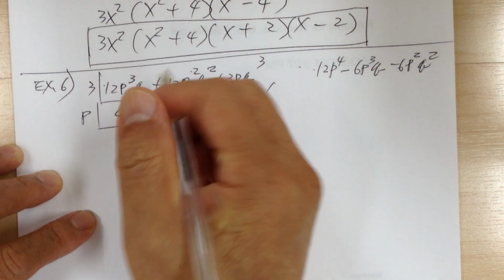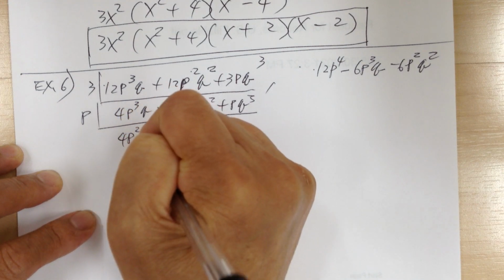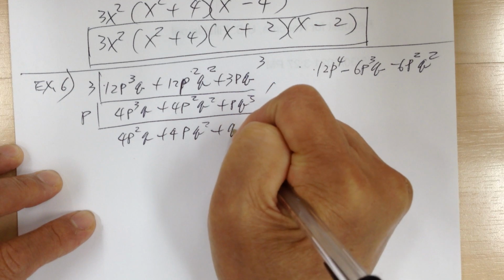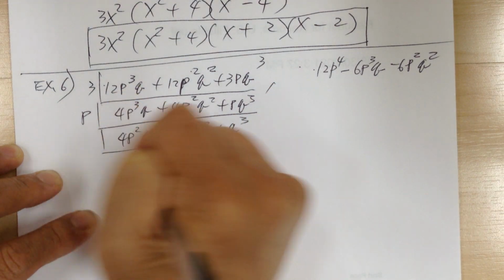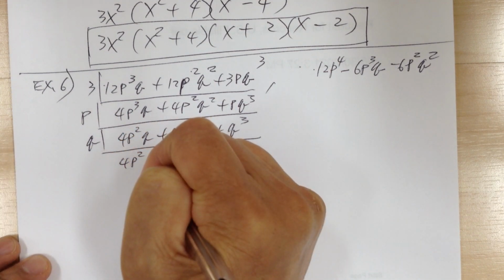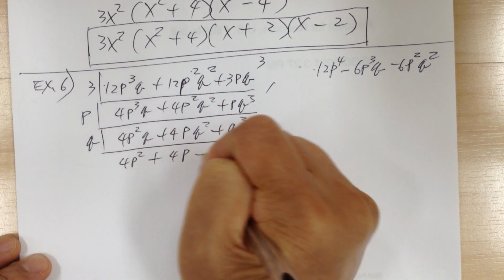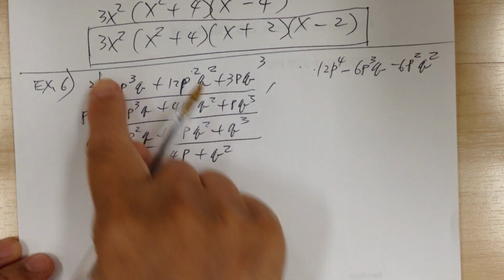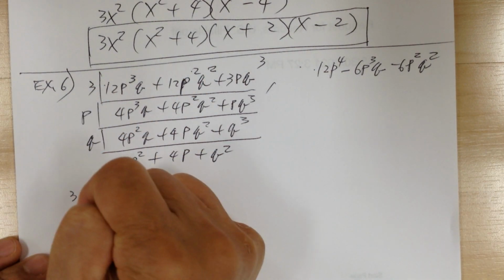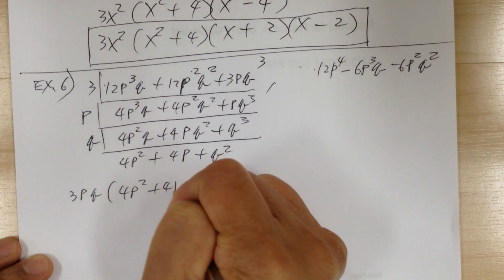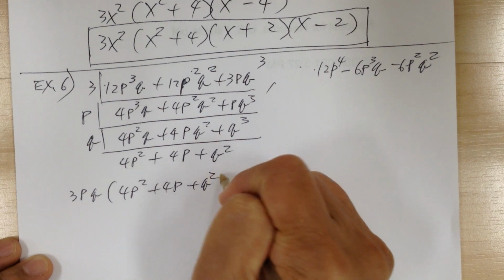So it'd be 4p^2q + 4pq^2 + q^3. Then we can factor the q. So it becomes 4p^2 + 4p + q^2. Okay, so from your step 1, this would be 3pq times (4p^2 + 4p + q^2).